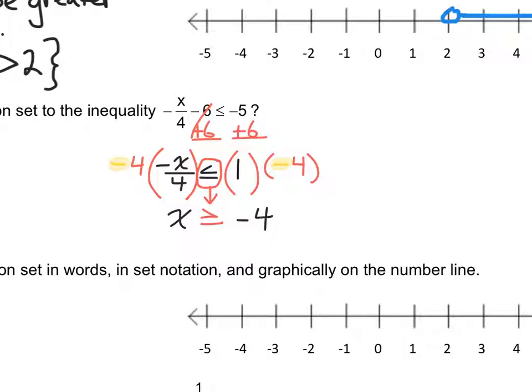If in an equation we had something like negative x equals negative 2, and I multiply both sides by a negative number, this would become x equals 2. If I change the direction, imagine my equal sign is pointing this way. Now my equal sign is pointing that way.